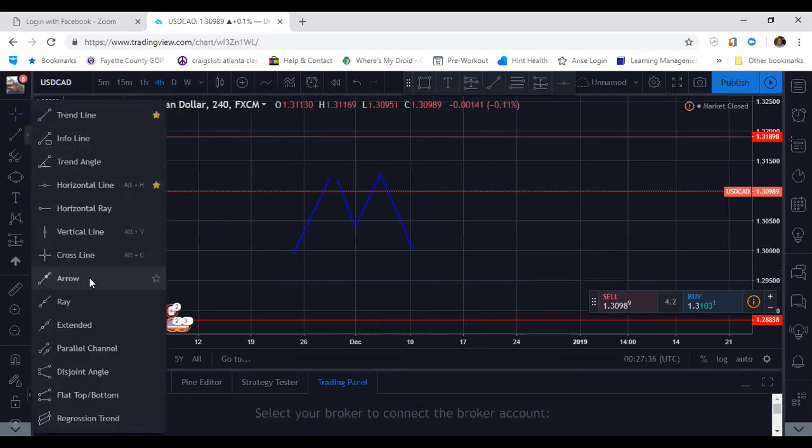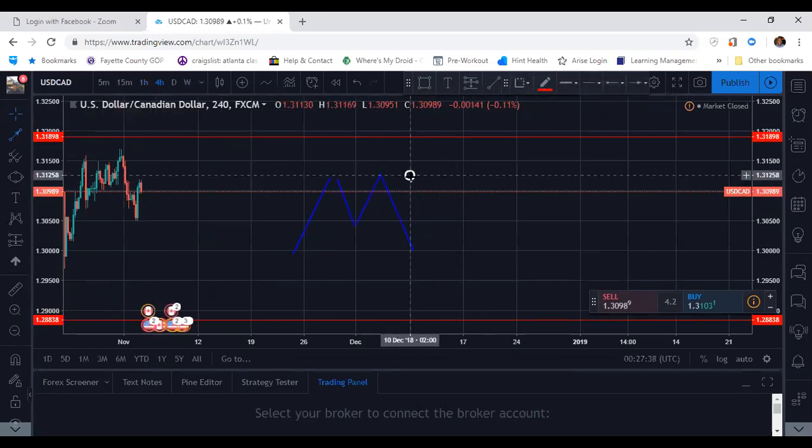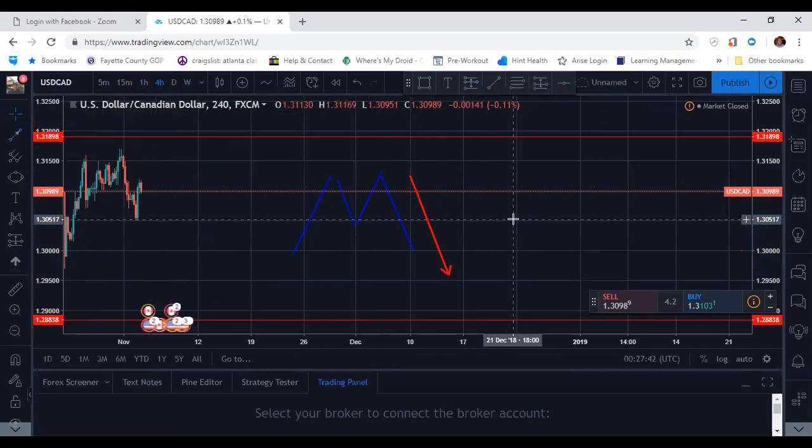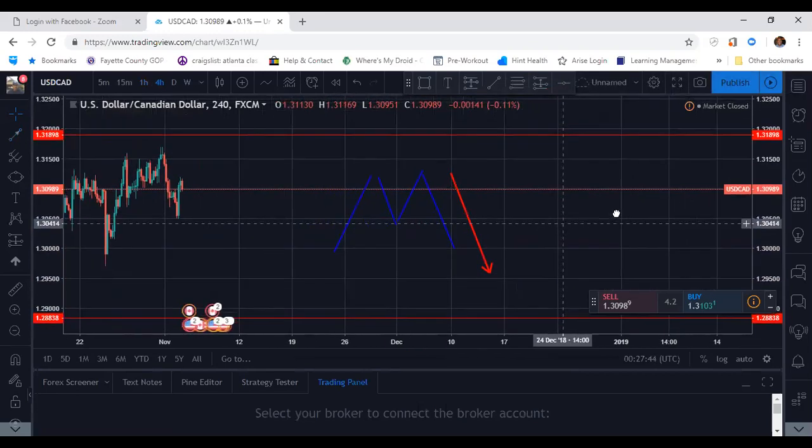That's what you call a double top. Comes down for a sell, and then when you reverse it, it's going up for a buy.